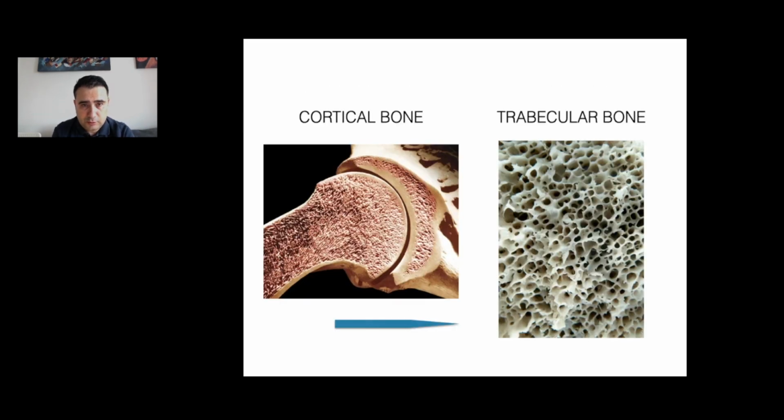You can see here the photograph of cortical and trabecular bone. Cortical bone is dense and its geometry is different, and the trabecular bone is more spongy compared to the cortical bone.